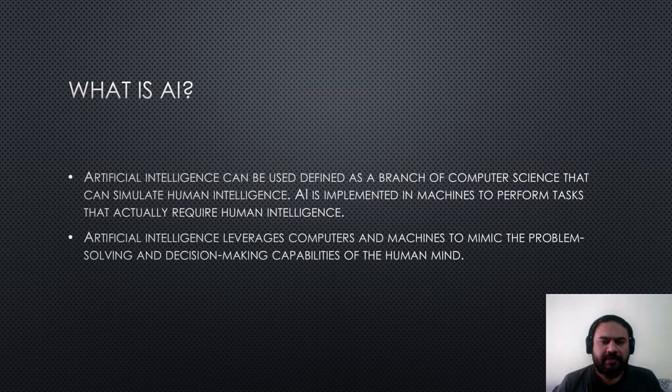Artificial intelligence can be defined as a branch of computer science that can simulate human intelligence. It is implemented in machines to perform tasks that actually require human intelligence, and it leverages computers and machines to mimic the problem solving and decision making capabilities of the human mind.